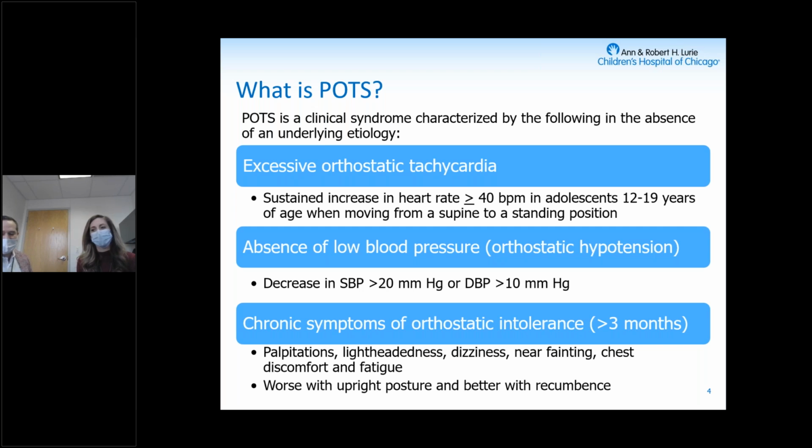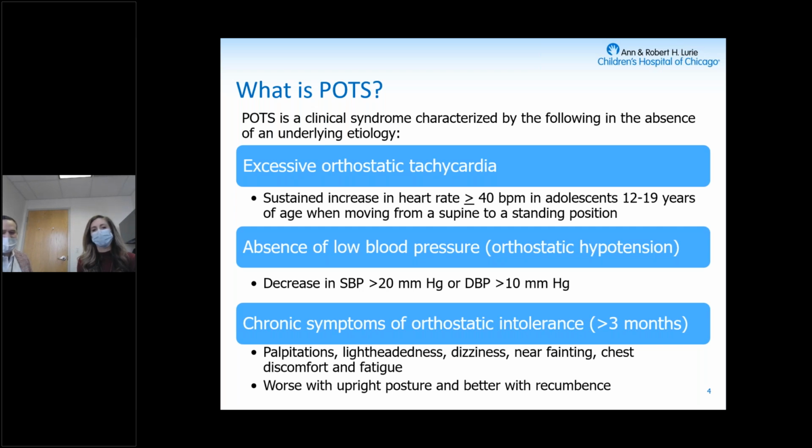Additionally, they have to have an absence of a change in terms of their blood pressure. I wanted to review for you what orthostatic hypotension is. When you go from a laying down position to standing position, and you have a change of greater than 20 millimeters of mercury, or a drop in your diastolic blood pressure of 10 millimeters of mercury, that's considered orthostatic hypotension.